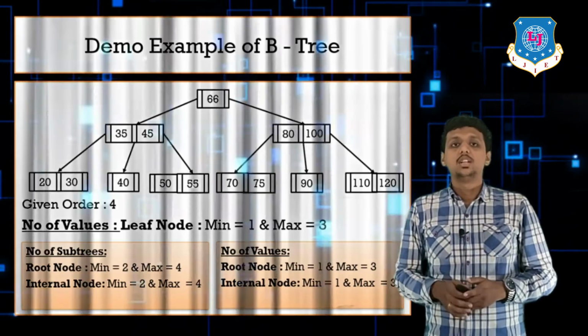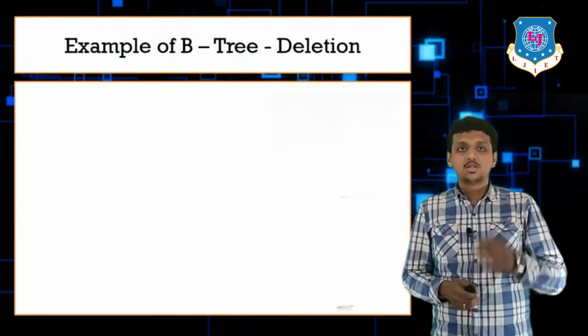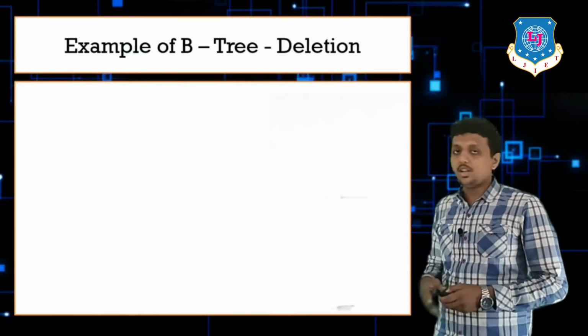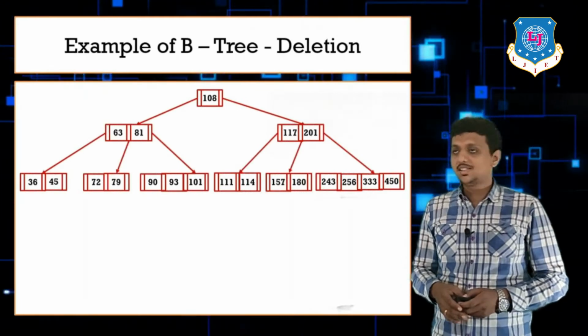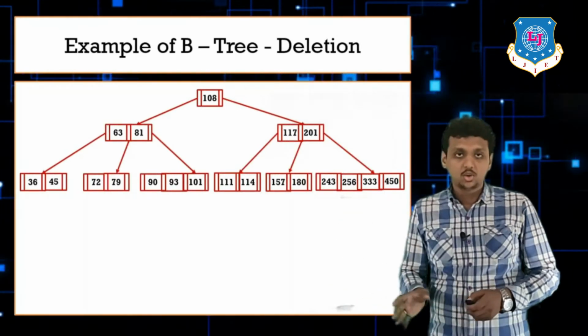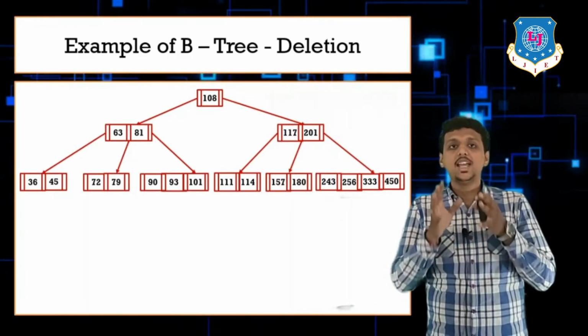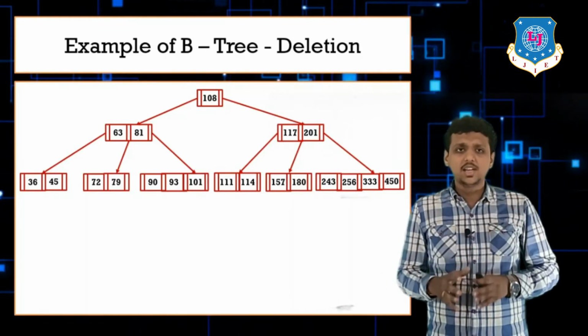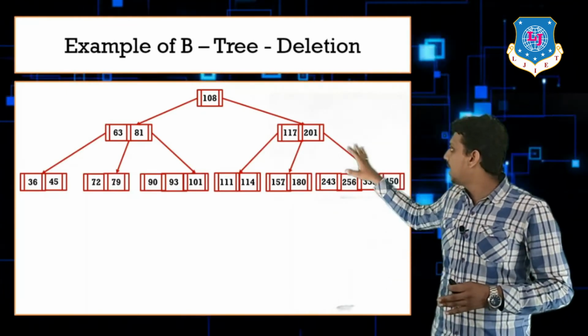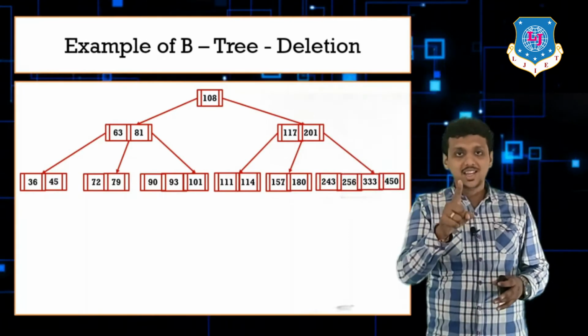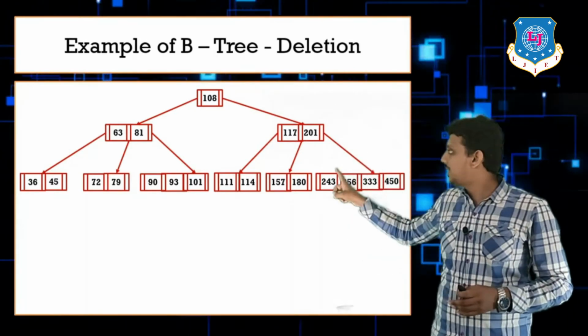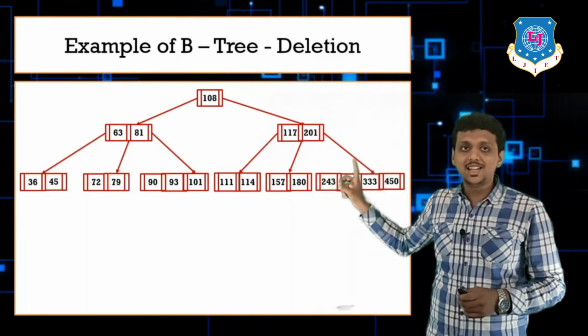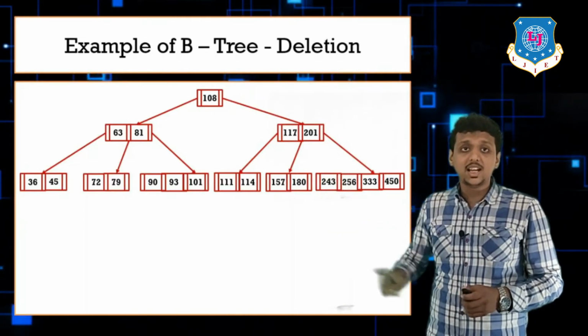Now next, here is the example of B tree deletion. So this is our B tree. Students, right now we already have a B tree with us. The values are: at the root node we have 108, only one element. On the left side of 108 we have 63 and 81.